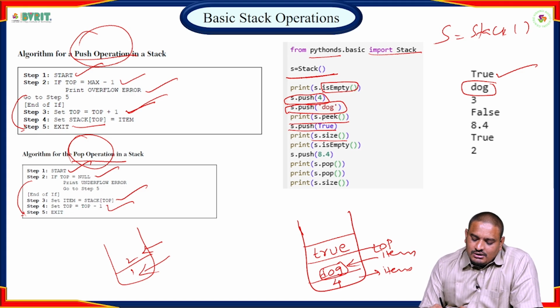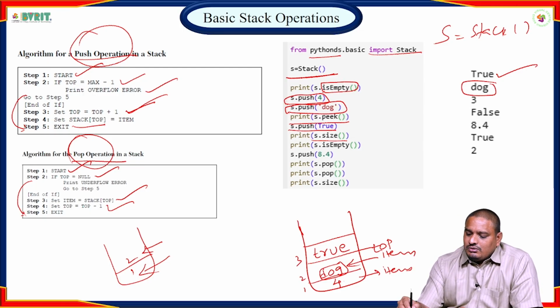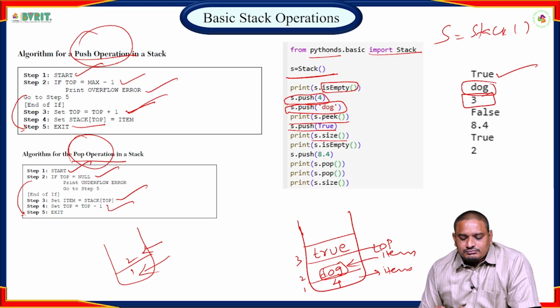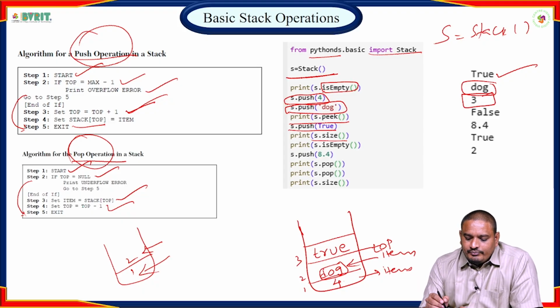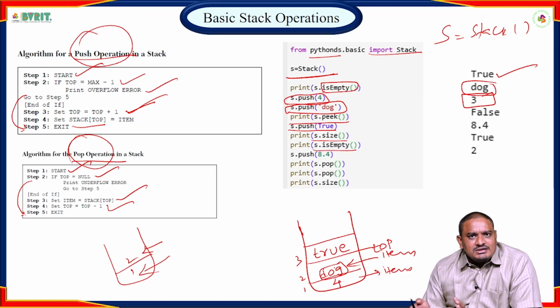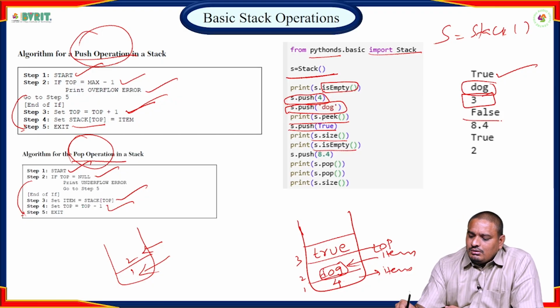Here there are 3 elements, so 3 will be displayed as the output. Now the next operation is s dot is empty. Here there are 3 elements in the stack, so the stack is not empty. So the output is false.